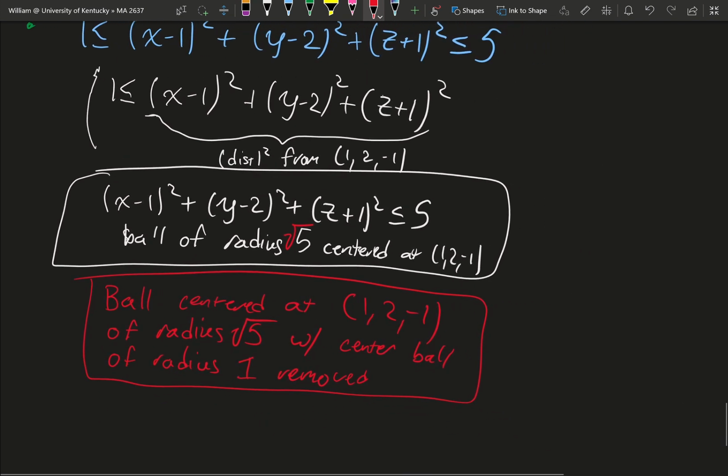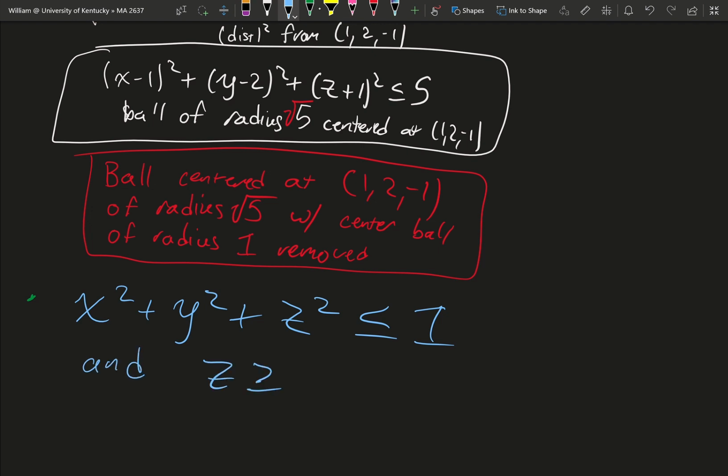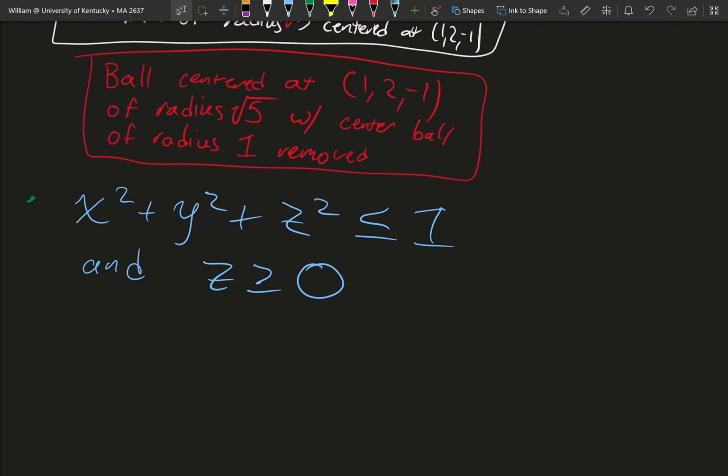Okay, and the last example of these is going to be two separate inequalities. We'll have x squared plus y squared plus z squared is less than or equal to 1, and z is greater than or equal to 0. Okay. So again, this first inequality says it's actually the unit ball centered at the origin. So unit here just means it has radius 1.